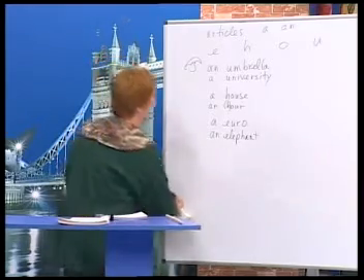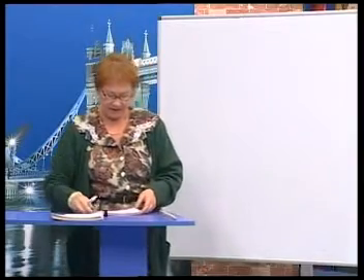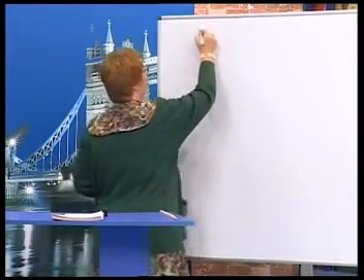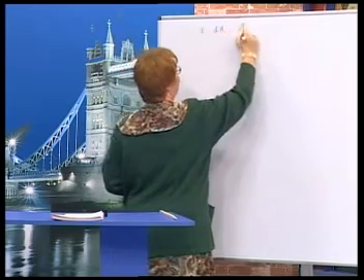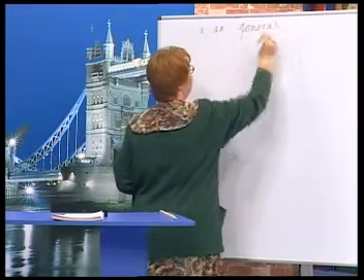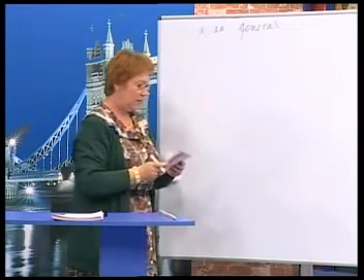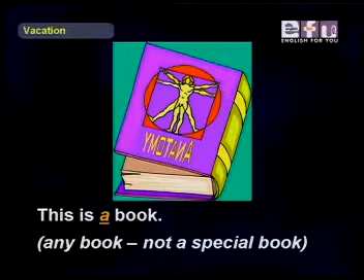Now, let's make some room here, and we'll look at some examples of a and an. We use a or an when something is general. We're speaking in general. So we can say, this is a book.